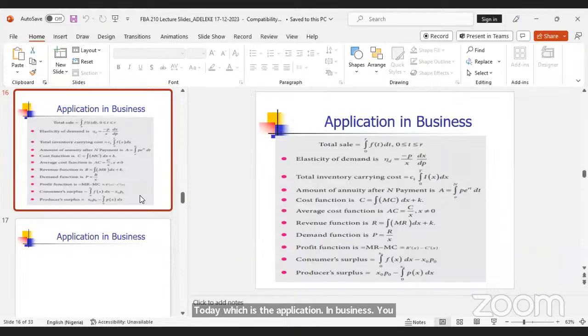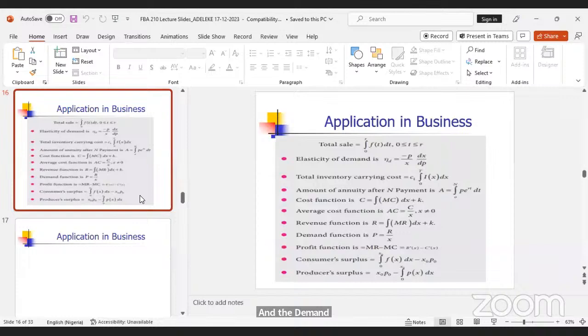The functions displayed on the screen are common business functions. You have the cost function, the revenue function, and the demand function.